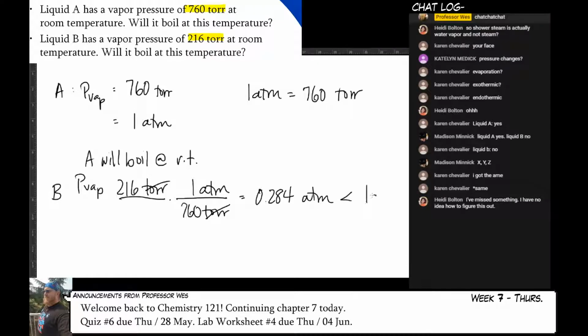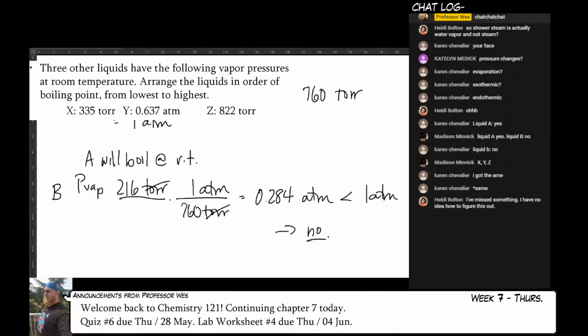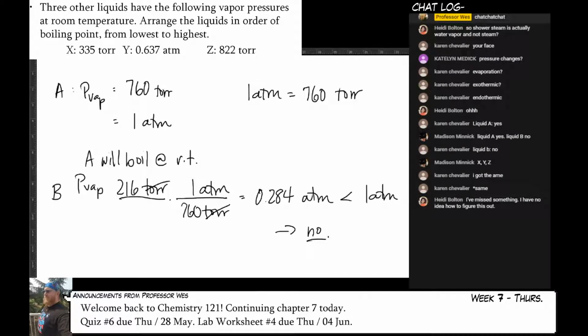That's less than 1 ATM. So no, it will not boil. That's how we figure out the first two, because you got to be above atmospheric pressure in order to boil. Now, if I heat it, it might boil at a higher temperature. What that is, we're not going to solve in the problem because we don't have enough information.